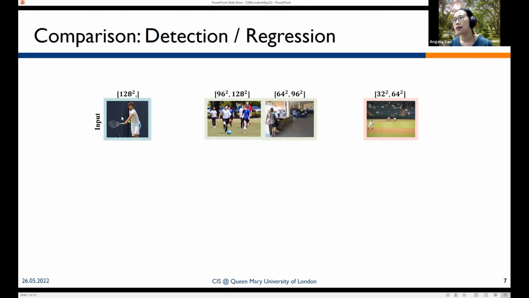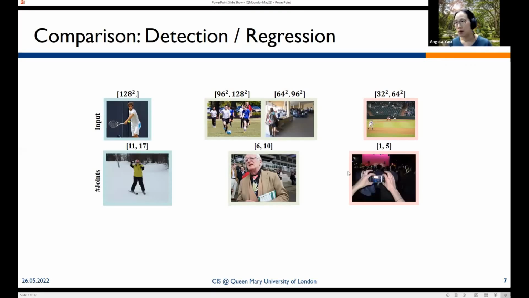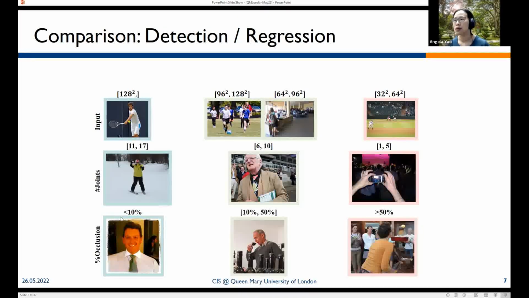Here we looked at the input size of the bounding box: the resolution of the bounding box, if it's greater than 128 pixels on any of the dimensions, or if it sits between 96 and 128, even smaller, and so on. The smallest range is from 32 to 64. We also looked at the number of joints present in the scene, and the percentage of occlusion of the present joints.